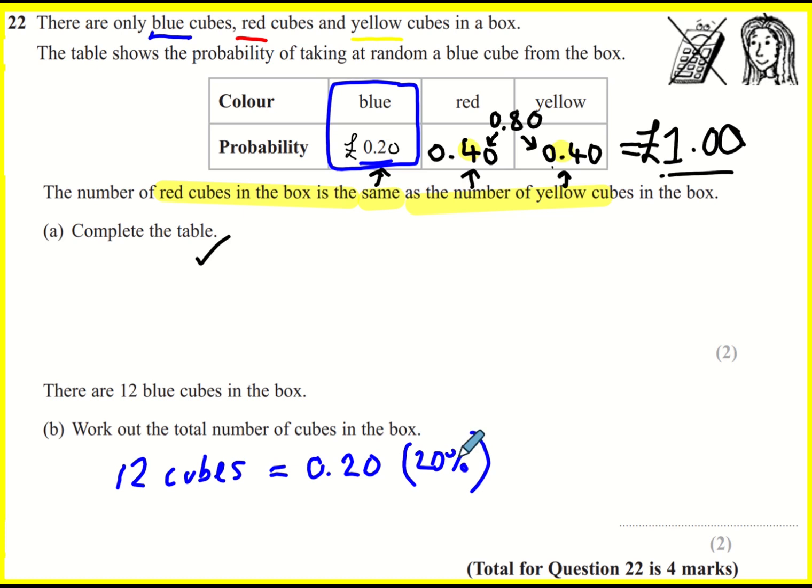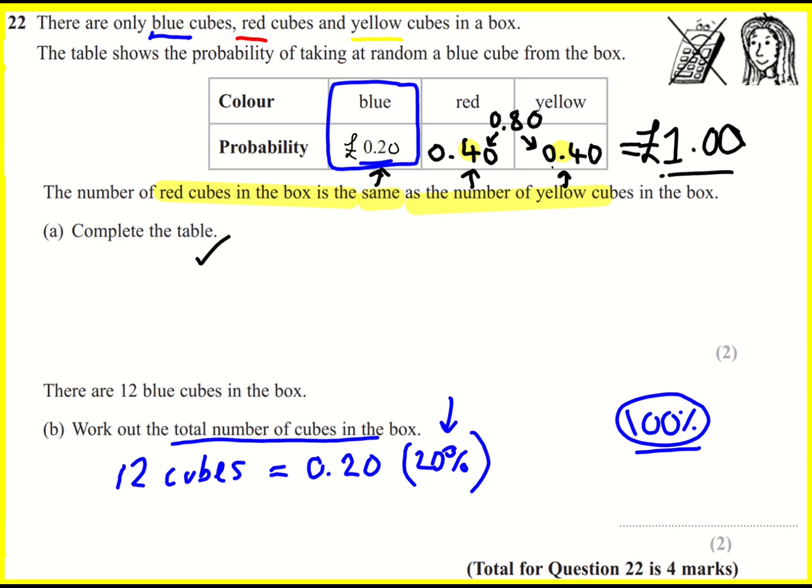So there's a 20% chance of picking a blue cube. And we want to know how many cubes are in the box. In other words, we need to know the 100% value. So we've got the 20% value, but we need to know the 100% value because it says work out the total number of cubes in the box.